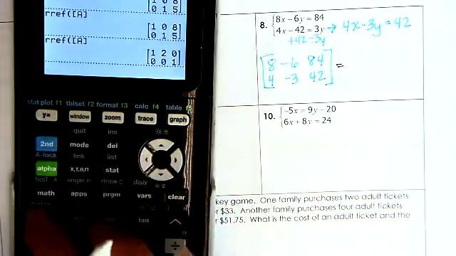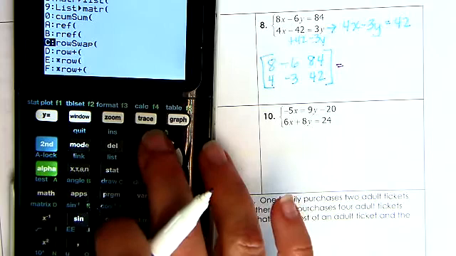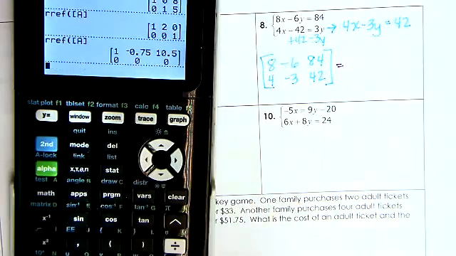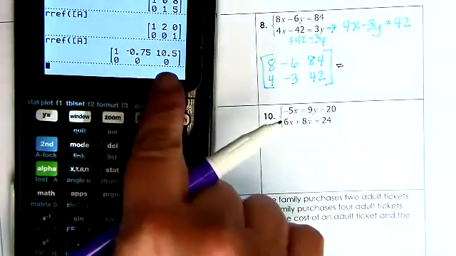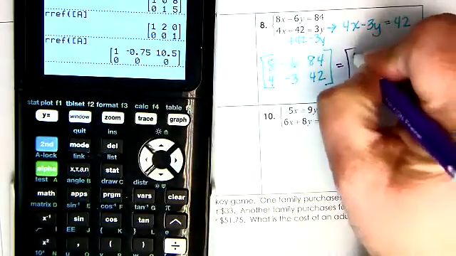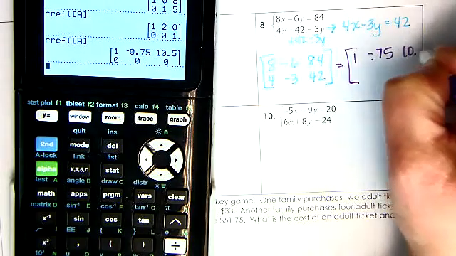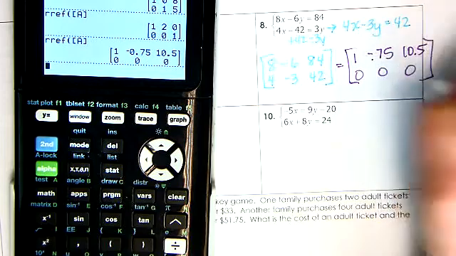Second mode, second matrix, math, graph, enter, second matrix, enter, enter. And you'll notice that this one, these are all zeros on the bottom. Okay. So we're going to write this, and we have 1, negative 0.75, 10.5, 0, 0, 0.